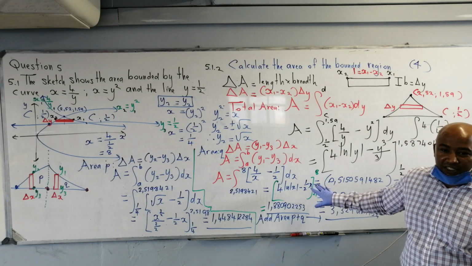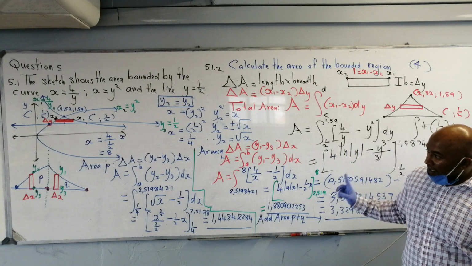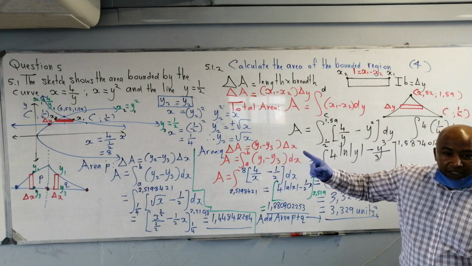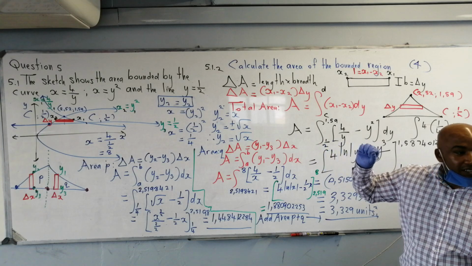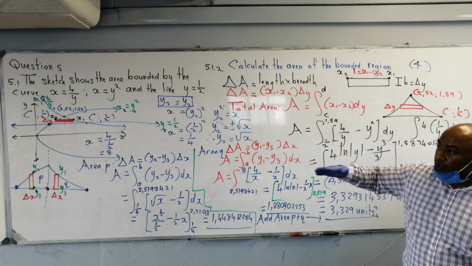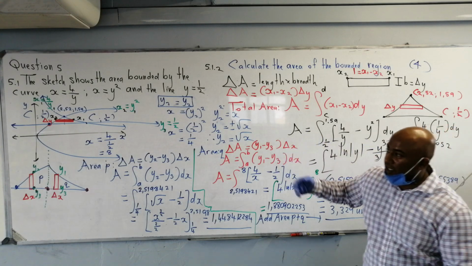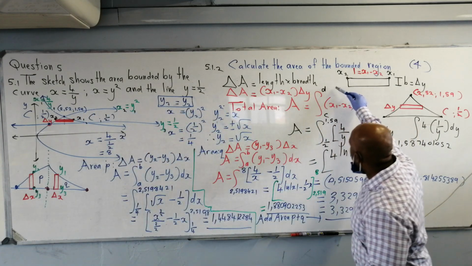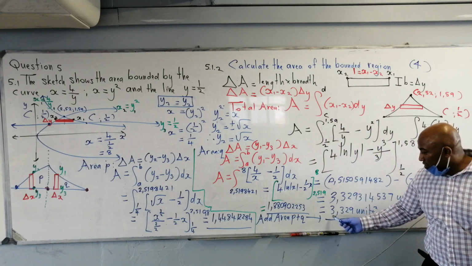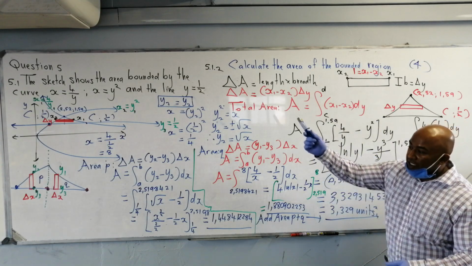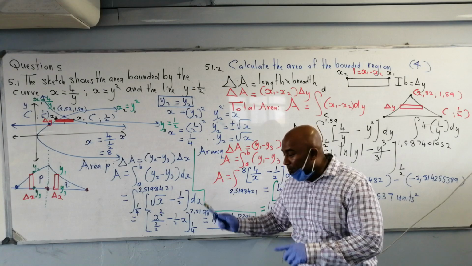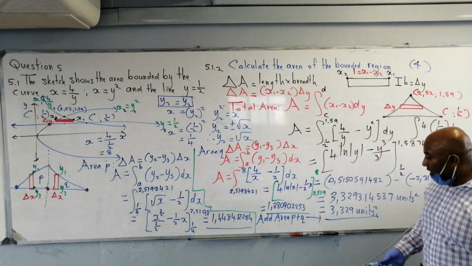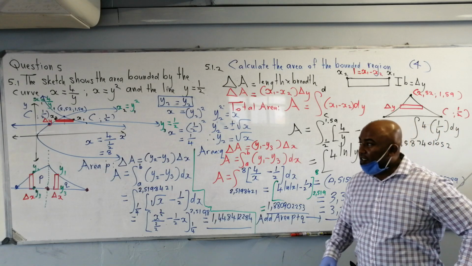Very few people will actually attempt to split up the area. So the option is, you must understand the diagram and try to choose a representative rectangle where you don't split up the area like here. This is just one area, one time gets you to 3,329. Using delta x for this example, you end up with two areas. If you add them up, then only you get to the answer.